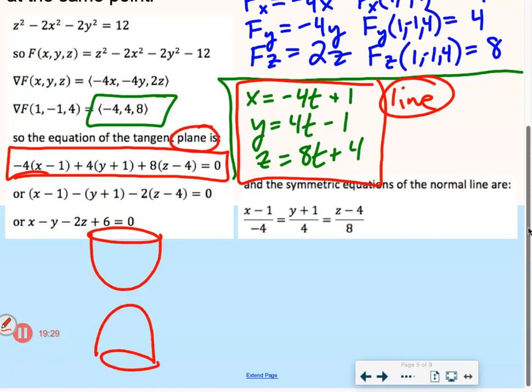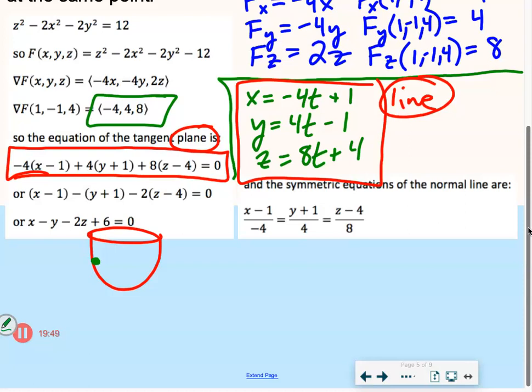There's my hyperbola. I have no idea, right? So you pick some point, 1, negative 1, 4. Let's just pretend that point's right there.